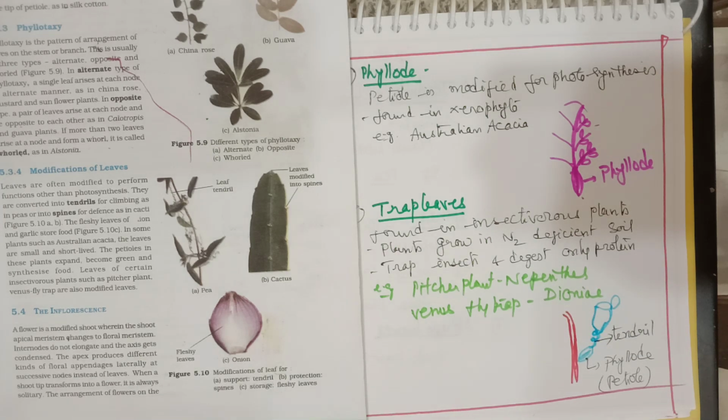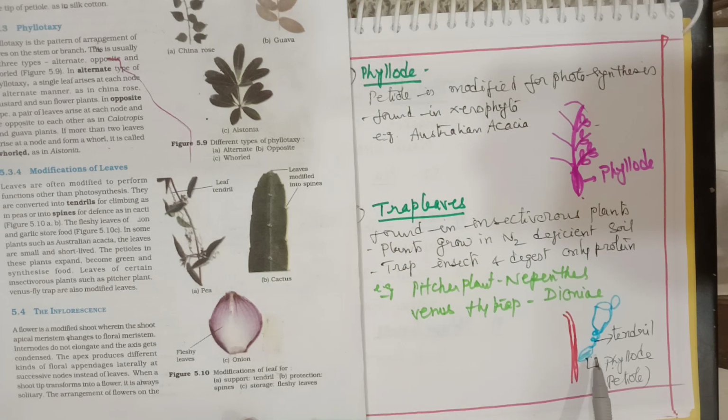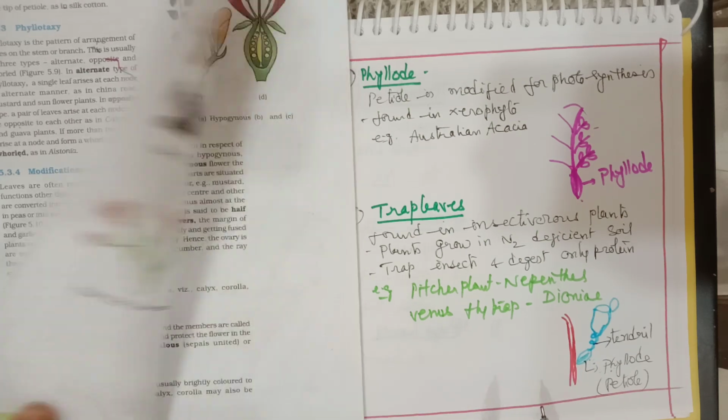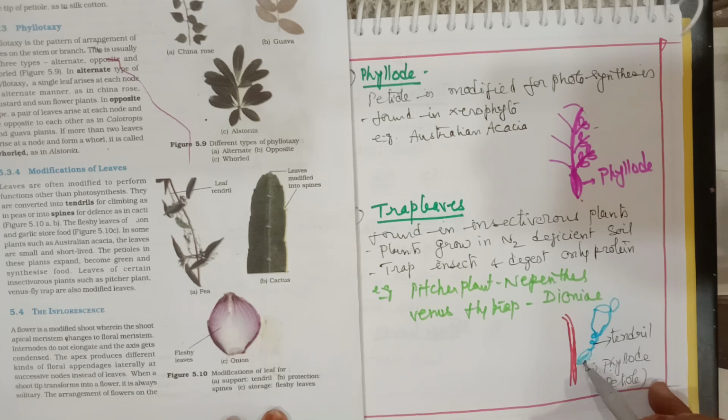Phyllodes are for photosynthesis, so here also a part of the petiole is modified for photosynthesis. You can find the pitcher plant diagram in the Telugu Academy textbooks. So part of the petiole is modified into a leaf-like structure, the phyllode. The upper part of the petiole is modified into a tendril, which is for climbing.